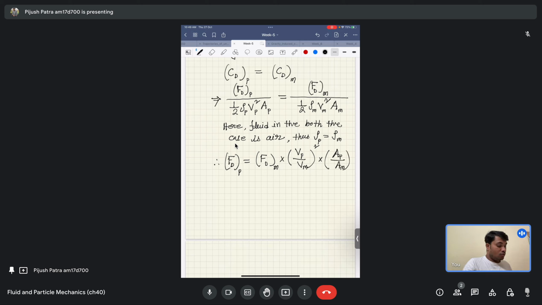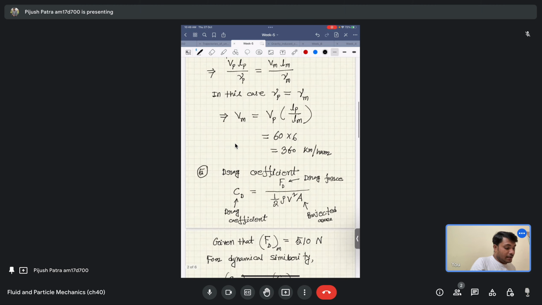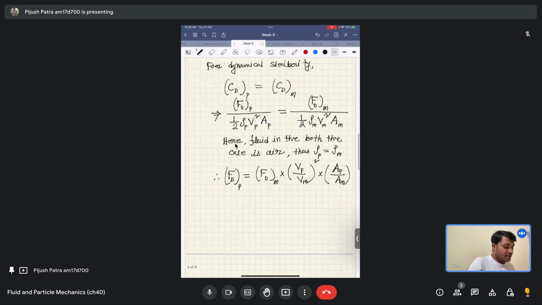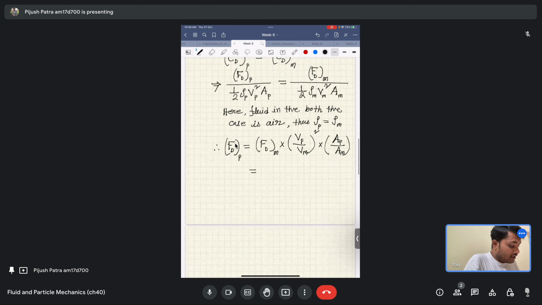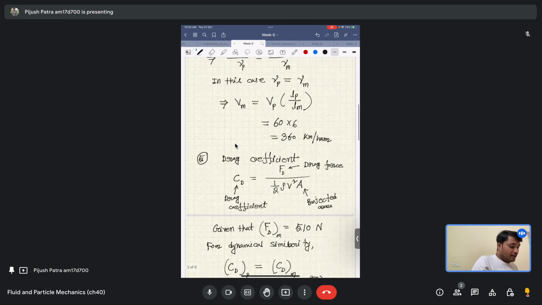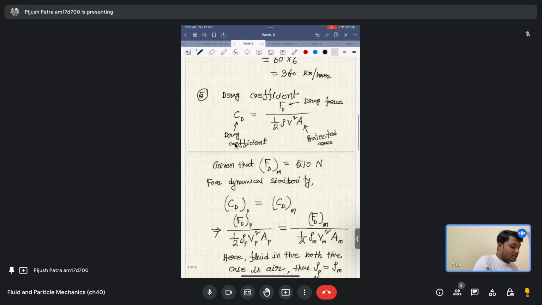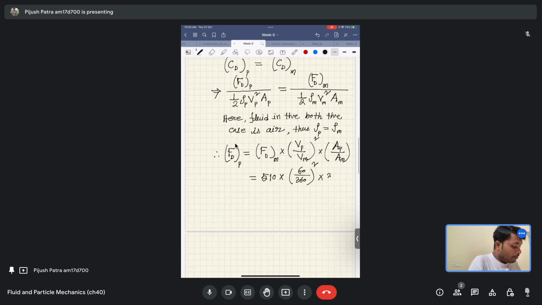Yes. So what is Vp by Vm? Vm is 360, Vp is 60. So FD is given as 510, into Vp is 60 and this is 360, the whole square, into Ap by Am. Ap by Am is 36.